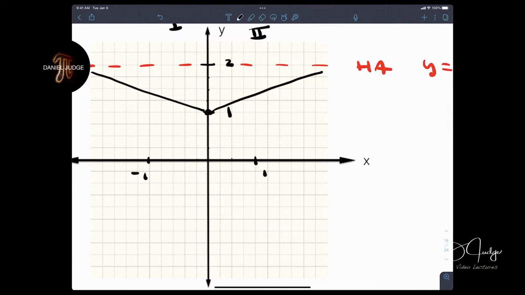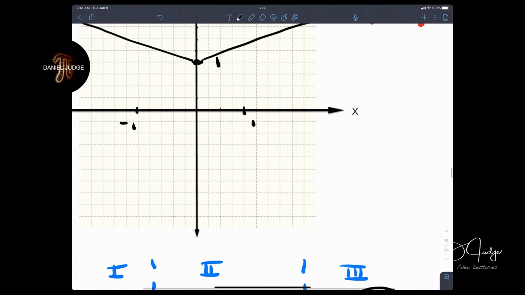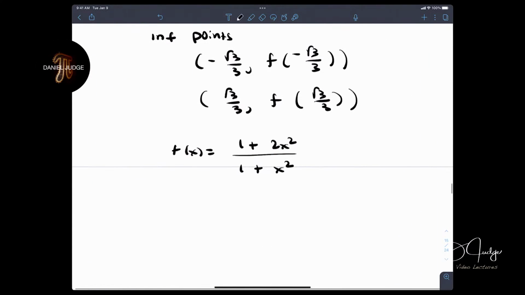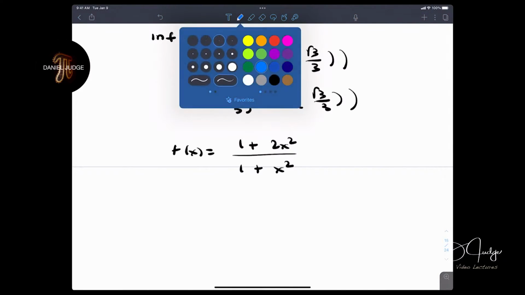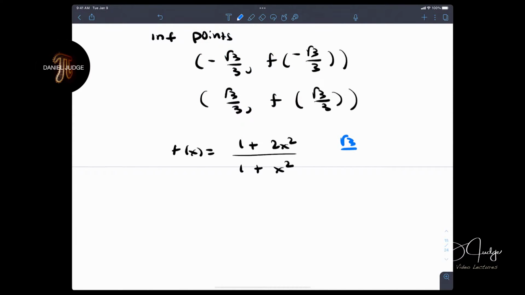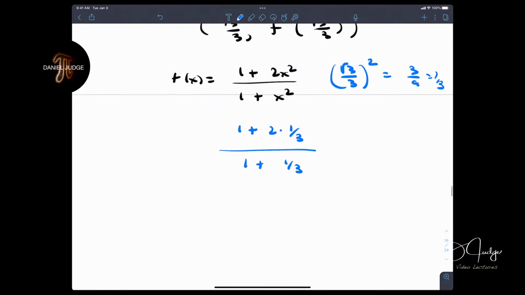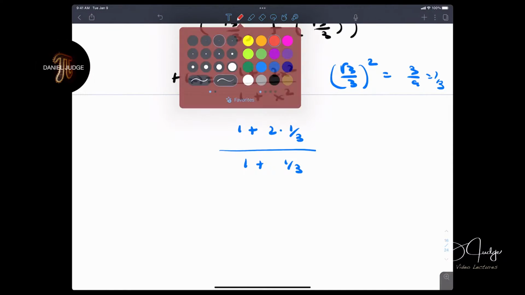So, if you wanted to, you can find those values. I just want to say this. If I plug in the square root of 3 over 3 into x squared, you get 3 over 9, which is 1/3. So in other words, this is 1 plus 2 times 1/3, which is 2/3, over 1 plus 1/3. I can multiply the top by 3 and the bottom by 3.